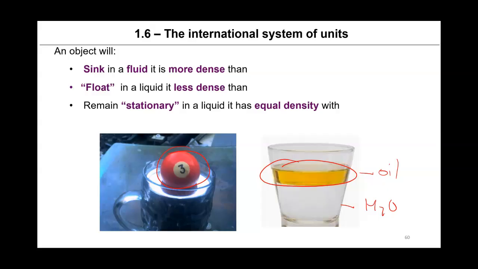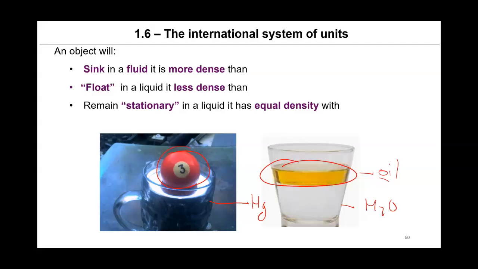So that leads to the second point. An object will float in a liquid that it is less dense than. That tells me that the number 3 ball is less dense than the mercury that it is floating on. And in the second case, it tells me that the oil is less dense than the water. The first two are kind of just reinforcing each other, aren't they? This third point here is interesting.